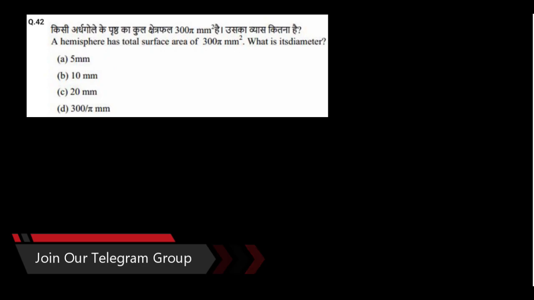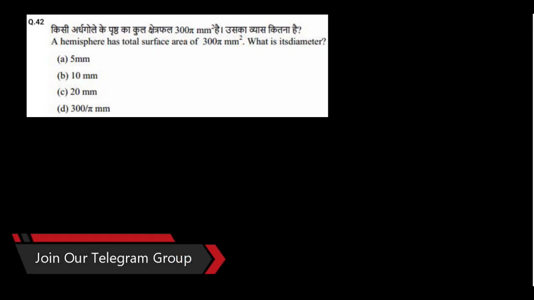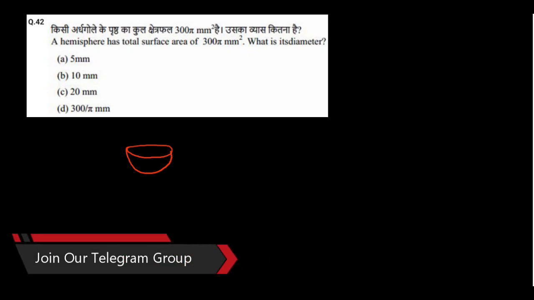A hemisphere has a total surface area of 300 pi mm square. What is its diameter? So, hemisphere. See, if you cut a lemon like this, we will get a hemisphere.